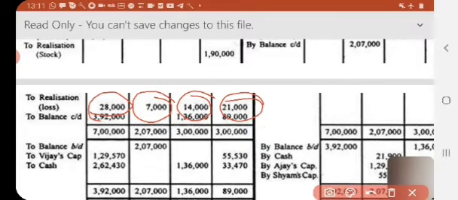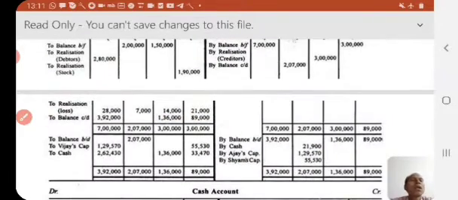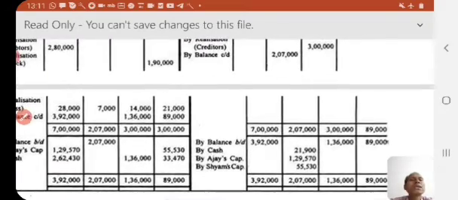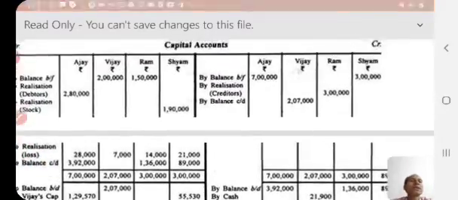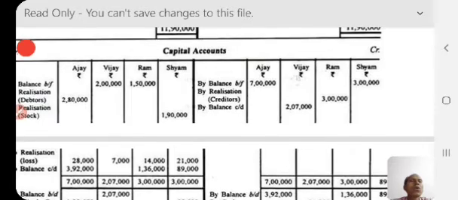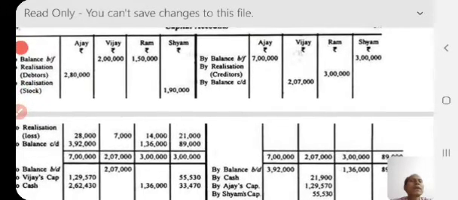This is a loss. And we shall close the accounts once, and see the balances.